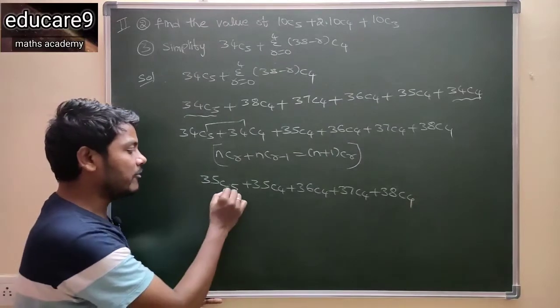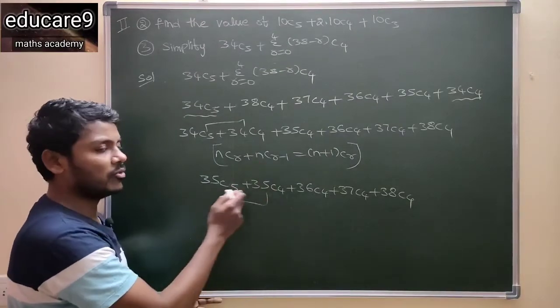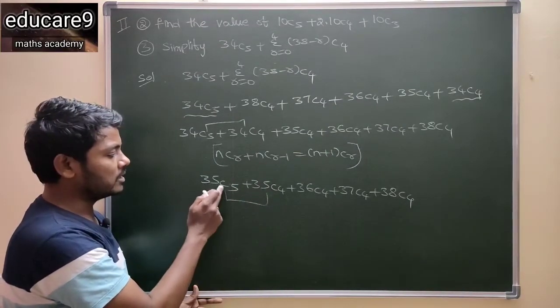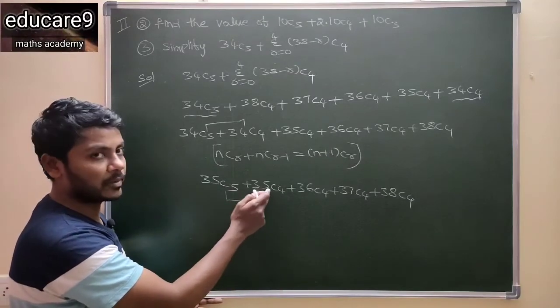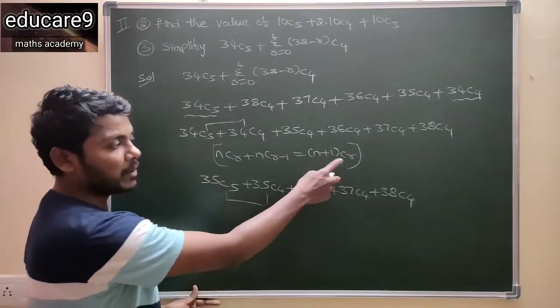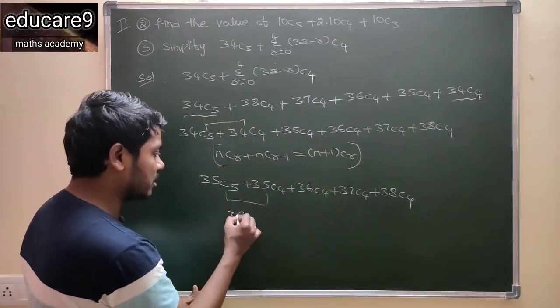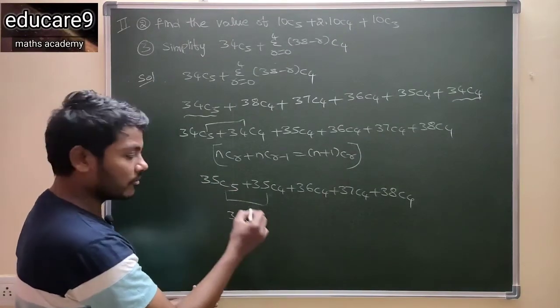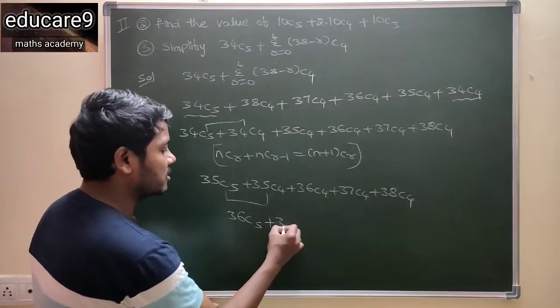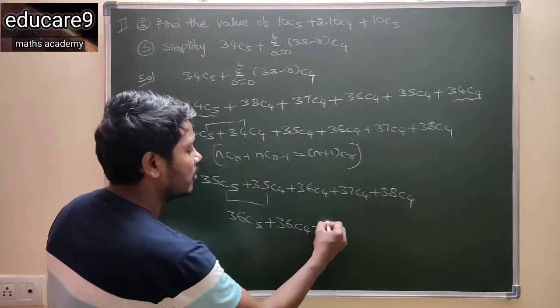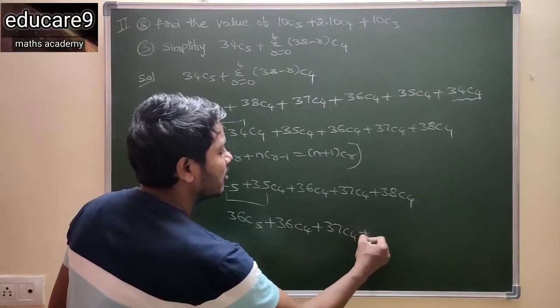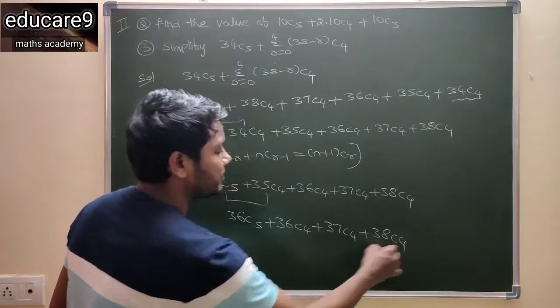Again we have to apply this formula for the first two terms. nCr plus nC(r minus 1), so what is that? (n plus 1)Cr. That is 35 plus 1, we will get 36C5 plus 36C4 plus 37C4 plus 38C4.